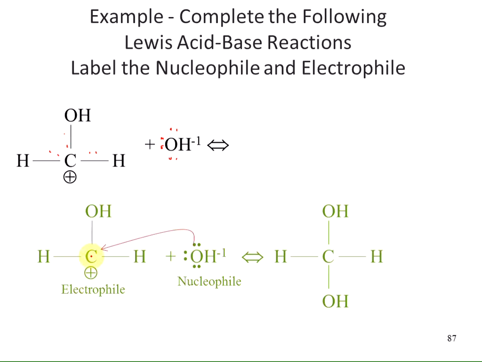So if the hydroxide ion has lone pairs, it has electrons, it loves nuclei, so this is the nucleophile, and it attacks the carbon, and the carbon is considered an electrophile because it's electron deficient. It loves electrons, so it's going to take the electrons from the nucleophile and form a bond. So we see this bond being formed here between the carbon and the oxygen.